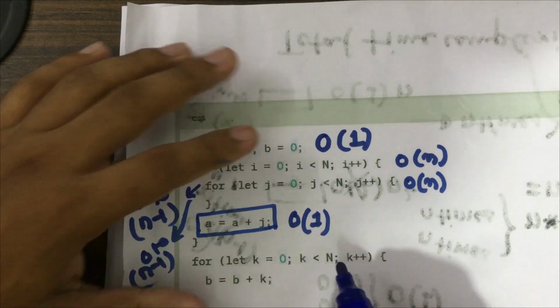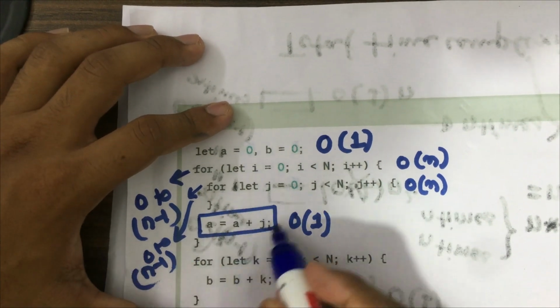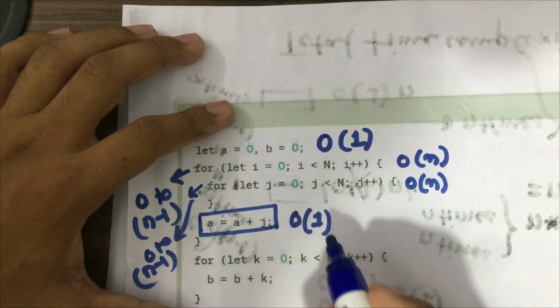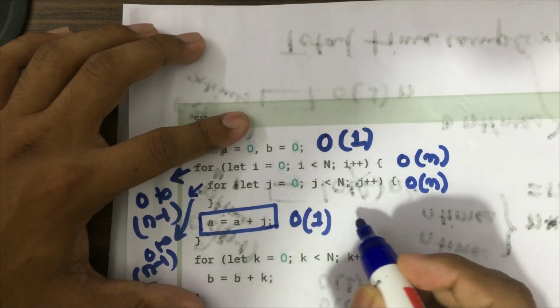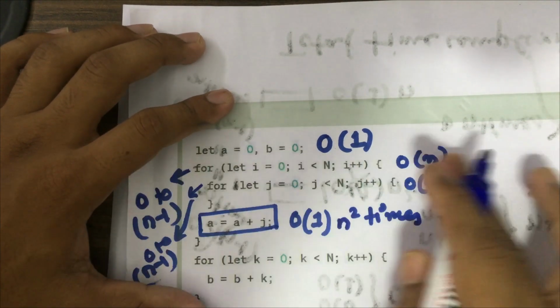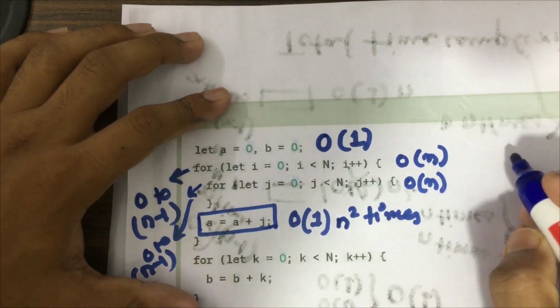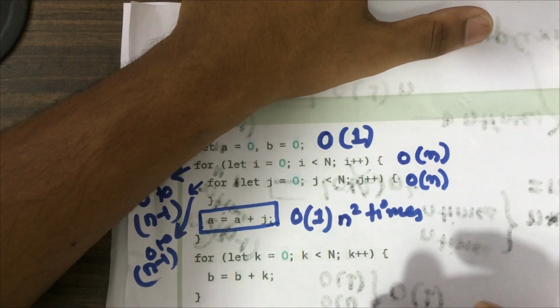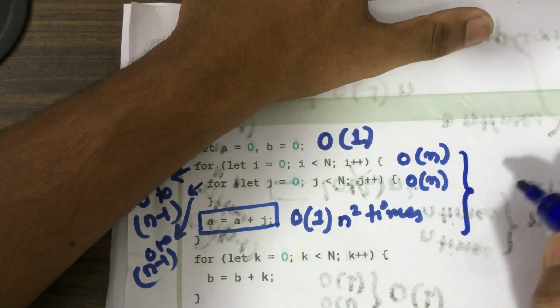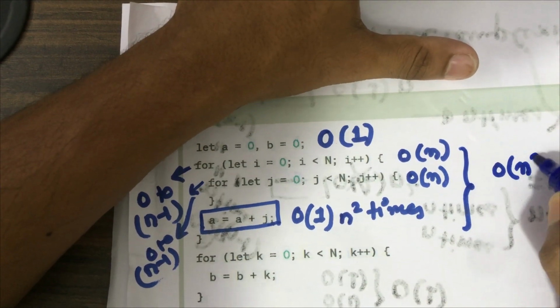So how many times will this statement execute? As I told you, n square times. Why? Since the inner loop happens n times and it is inside the outer for loop, it must happen n square times. Now the overall time complexity of this fragment would be O of n square, right?